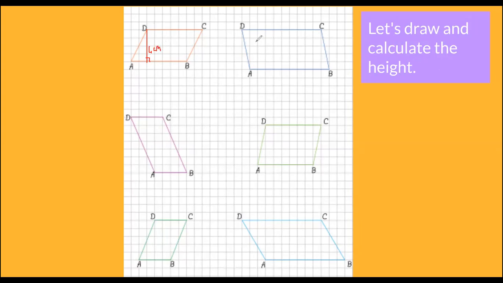This shape we can draw from corner C. Sorry, I can't write right. So yes, this is the right, and 1, 2, 3, 4, 5 centimeter. We found. Is there a problem? Okay.